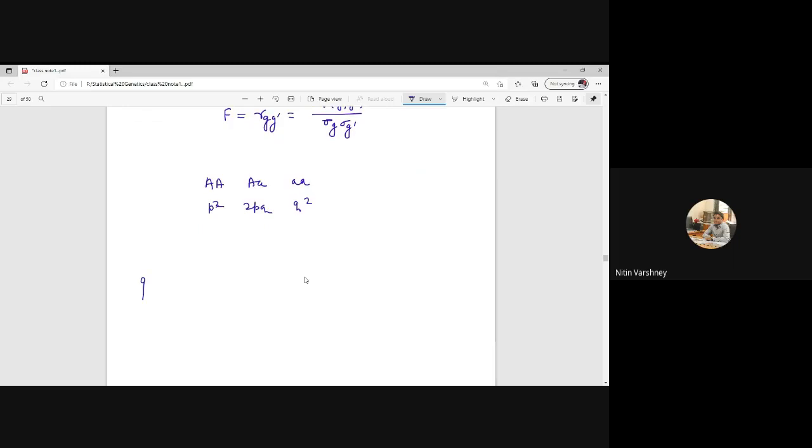Now, if I consider one gamete, I am assuming the value of Z as 1 and 0, for A and small a, and here it will be my Z prime. So I am writing 1 0 1 0 here.